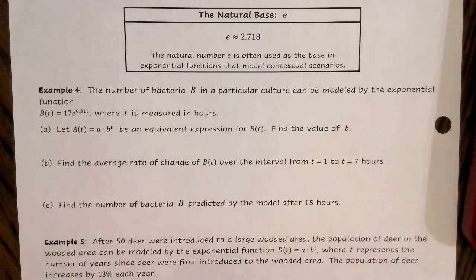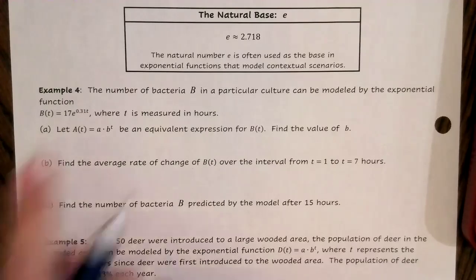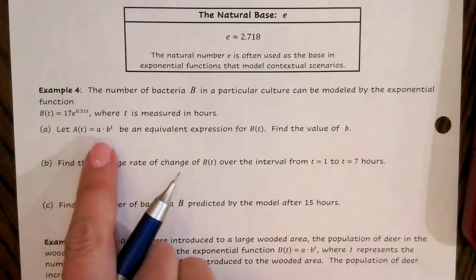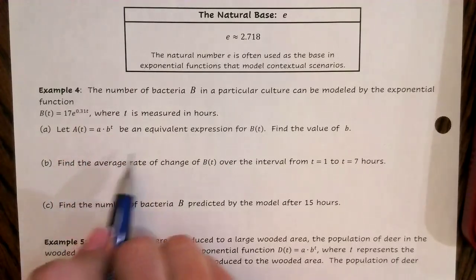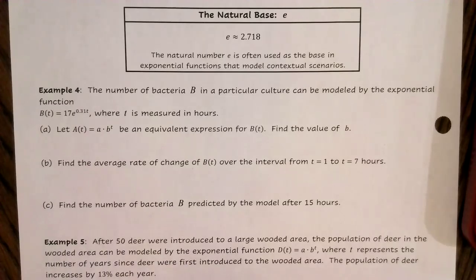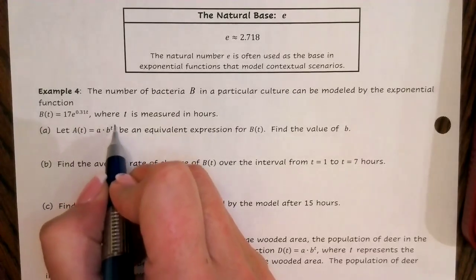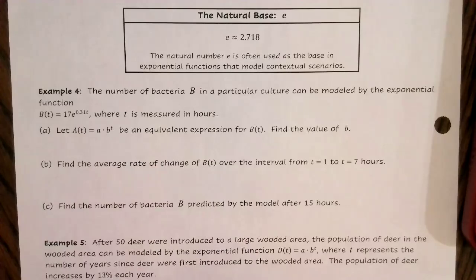The number of bacteria in a particular culture can be modeled by the exponential function right here, where t is measured in hours. Let a of t equal a times b to the t power, be an equivalent expression for b of t. Find the value of b. And so b is the one that's being raised to the x or t power, to the variable.